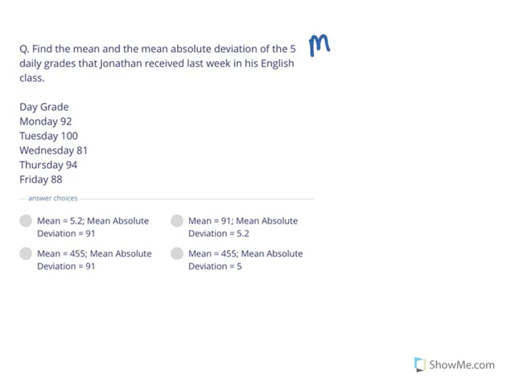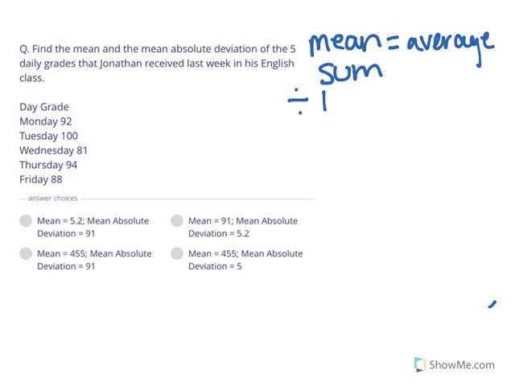So my mean is my average. That's the same thing as average. An average is when you add all the numbers together and then you divide by the number of values.